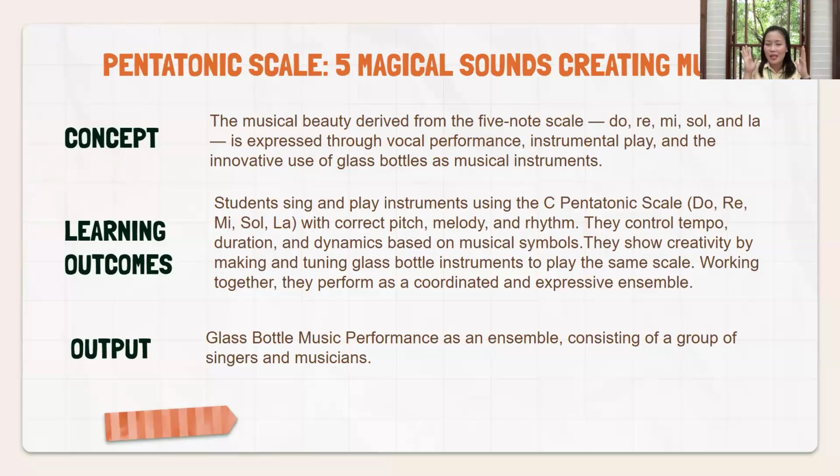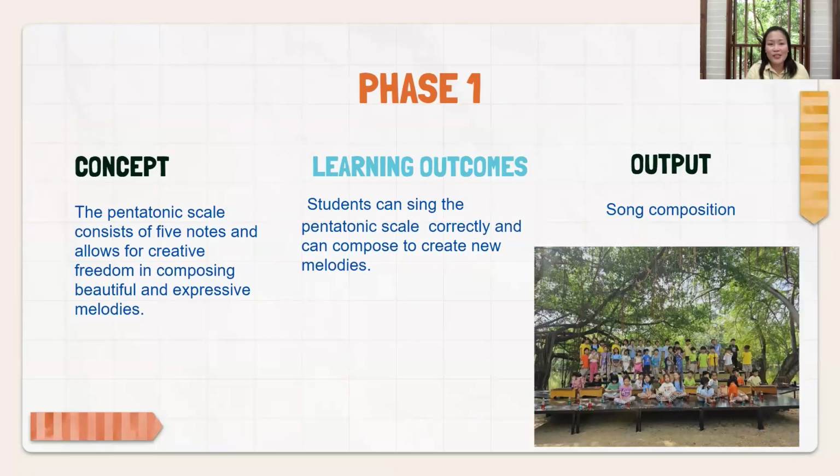This is more about listening skills because they will copy the sound of the fixed do and make the glass bottle sound like do. For the output, the glass bottle music performance is an ensemble consisting of a group of singers and musicians. Next slide, please. In phase 1, students will sing the pentatonic scale first.